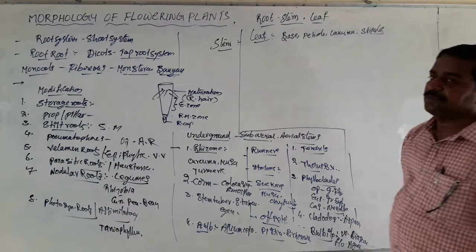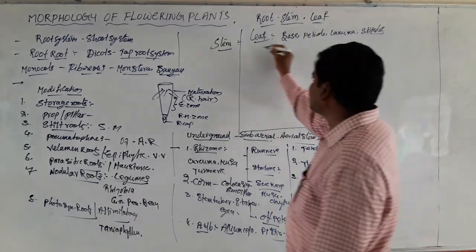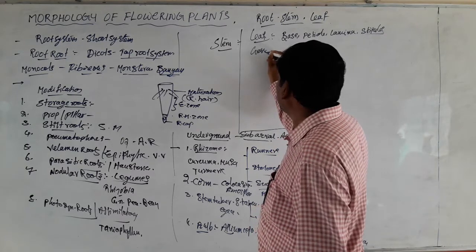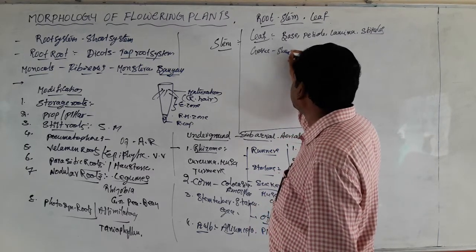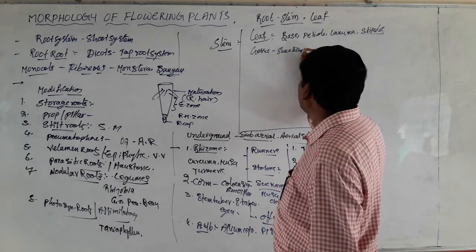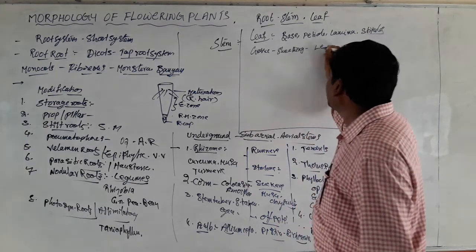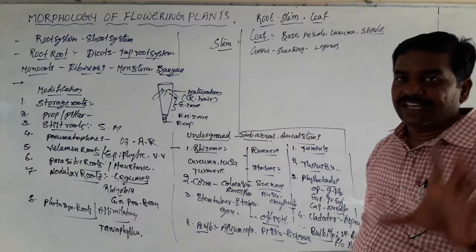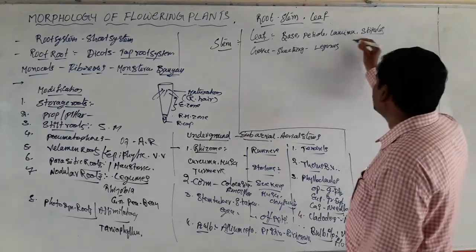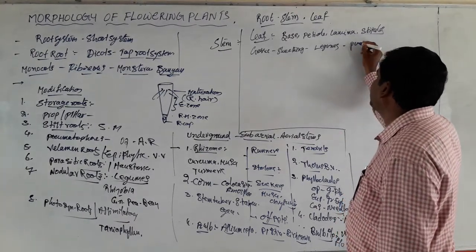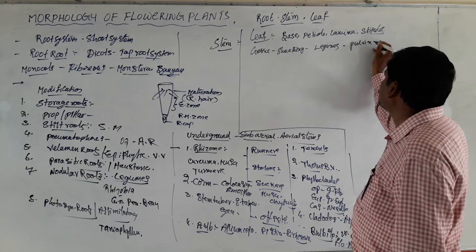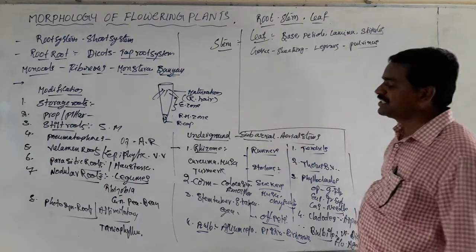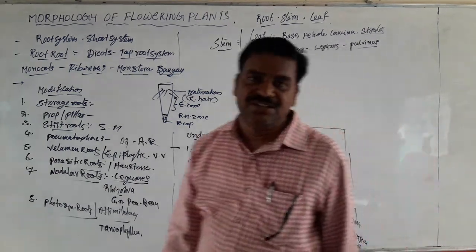In case of grasses, sheathing leaf base is there. But in case of legumes, pulvinus leaf base is there. The swollen, spongy leaf base is called pulvinus leaf base.